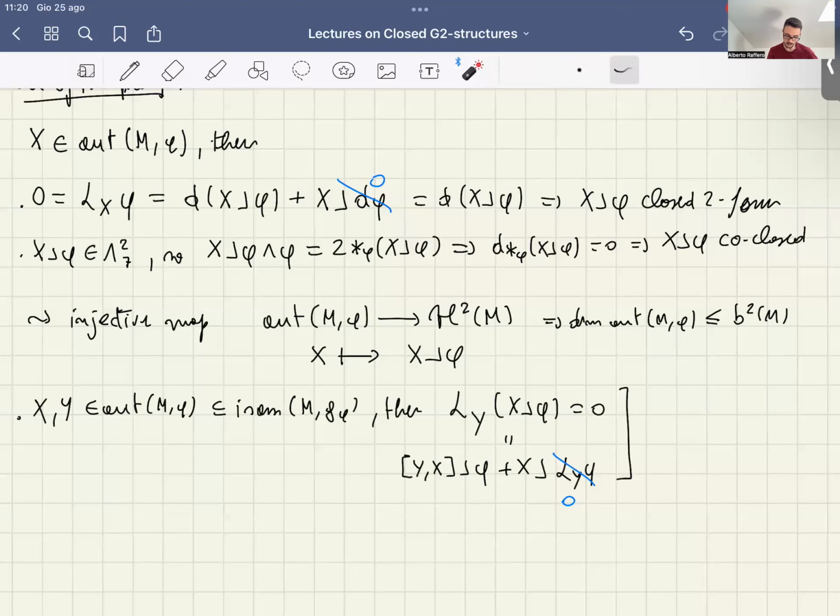And so you get that this contraction has to be 0, but since this contraction is injective, this implies that the bracket of any pair of vectors in the automorphism algebra has to be 0. And so the automorphism algebra is actually abelian.